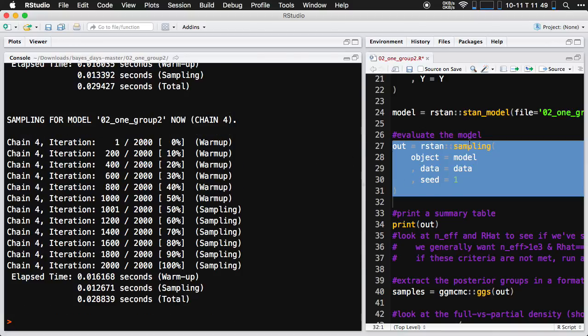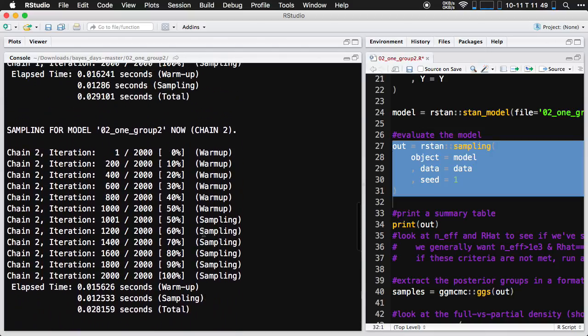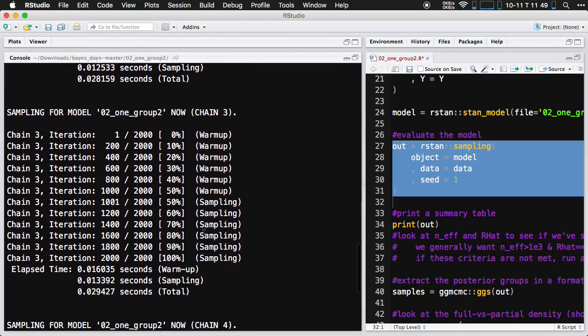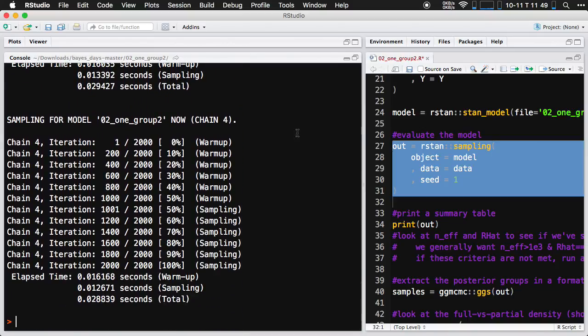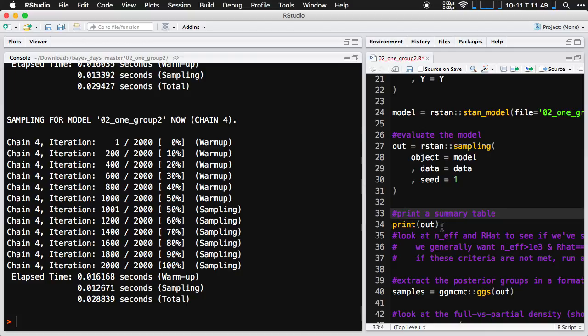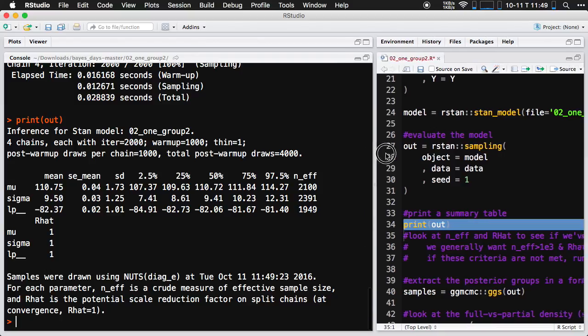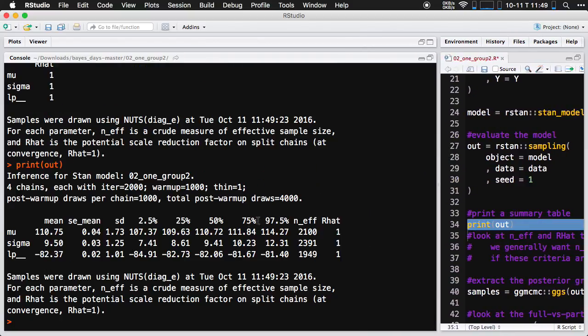But this is such a simple model that it goes so fast that you pretty much can't see the progress, but you'll see 4 chunks of numbers go by. And when it's all done, you can print a summary. I'll make this window bigger so the print looks better. And we get the summary table, which we walked through the other day, but I'll walk through again quickly.